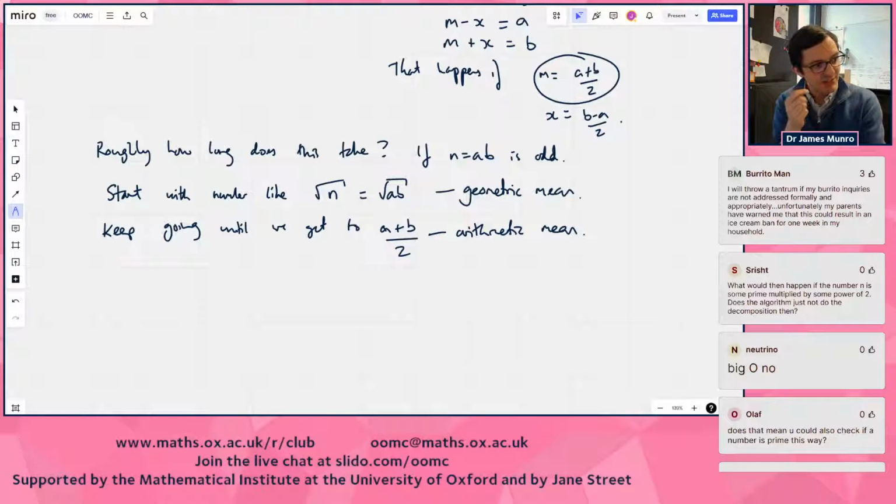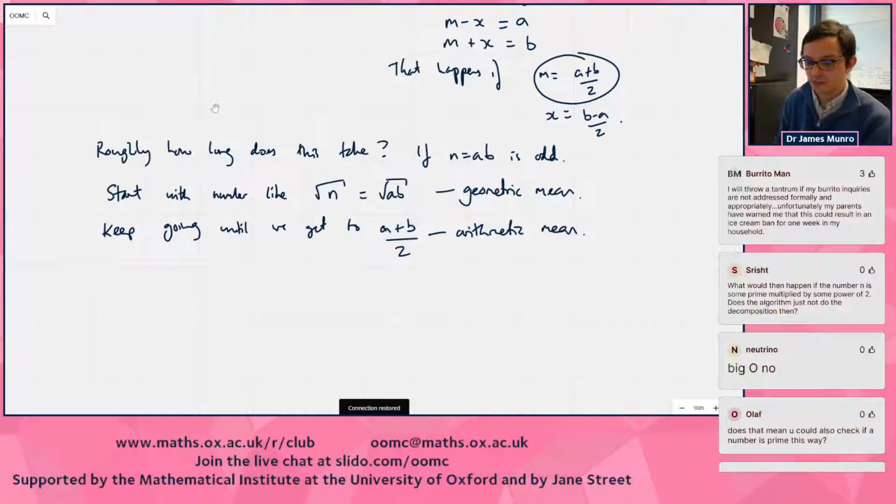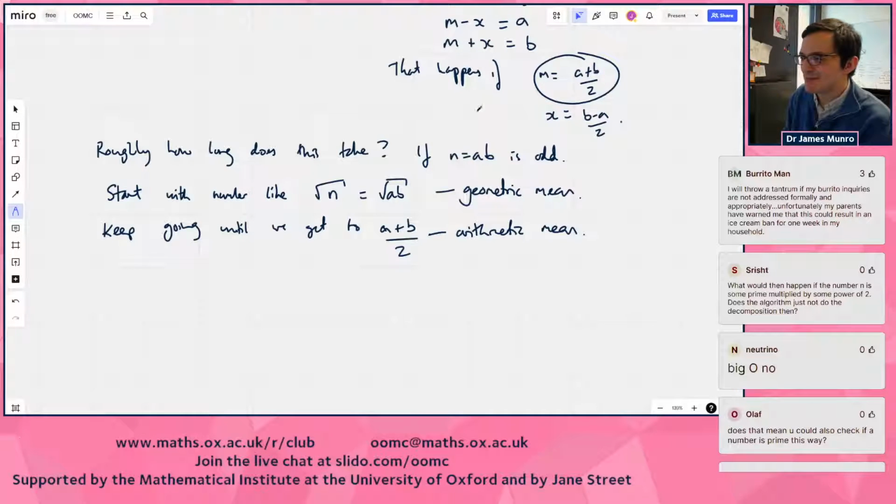Yeah, if the number n is some prime multiplied by a power of 2, then I guess my algorithm for even numbers is first divide by 2 a lot and then feed it into the odd number algorithm. And the odd number algorithm is going to terminate and stop when it discovers the factorization of an odd number, because eventually it will get up to this kind of true fact.